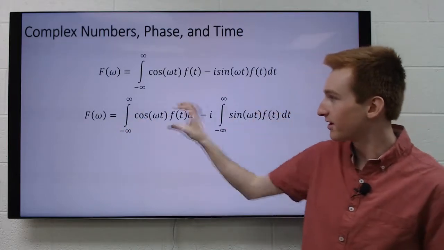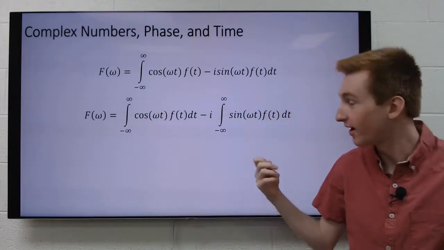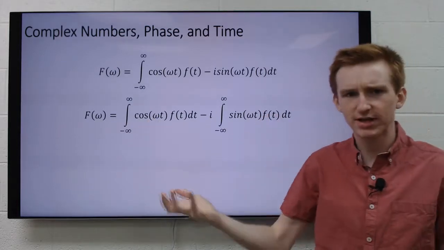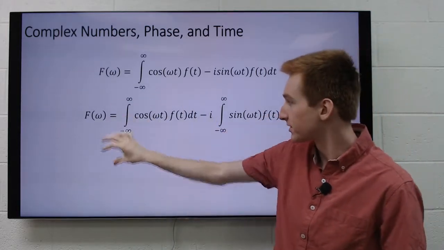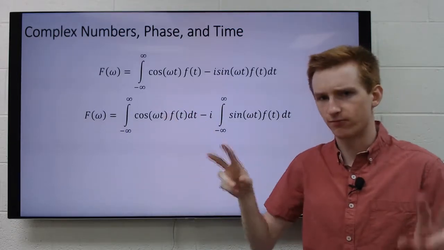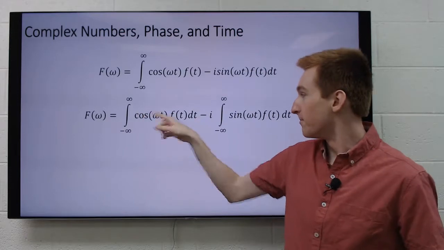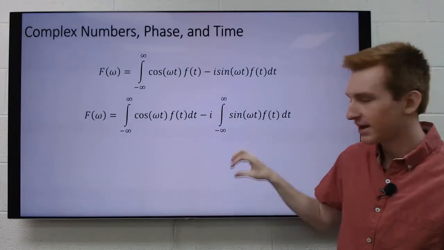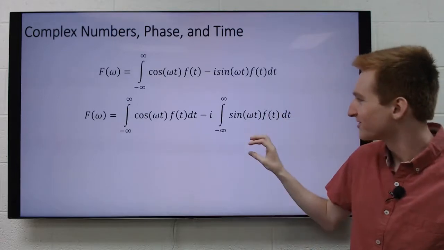So the full thing, if you replace e to the minus i omega t, is equivalent to this, which is actually kind of easy to understand, right? This first integral is the comparison score for the cosine version of our wave, minus i times the comparison score for the sine version of our wave, right?